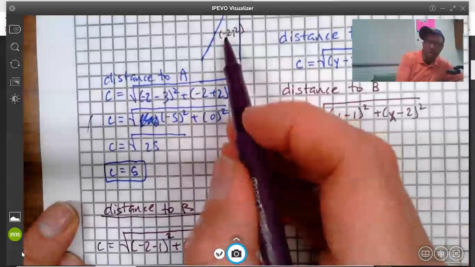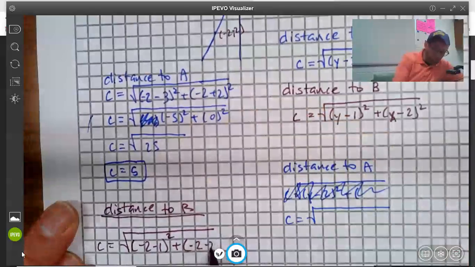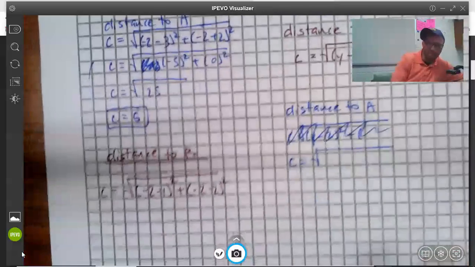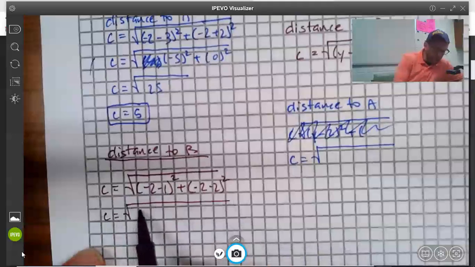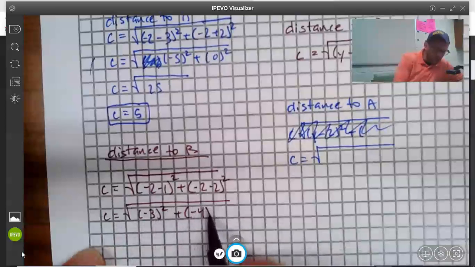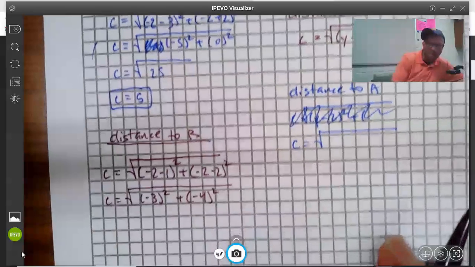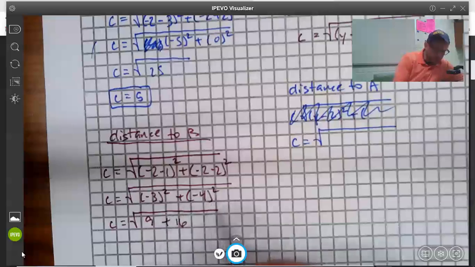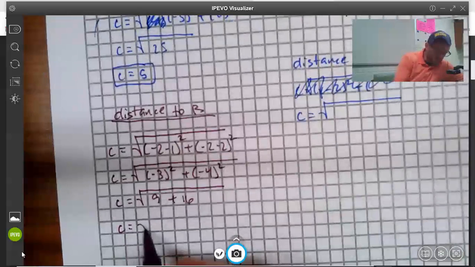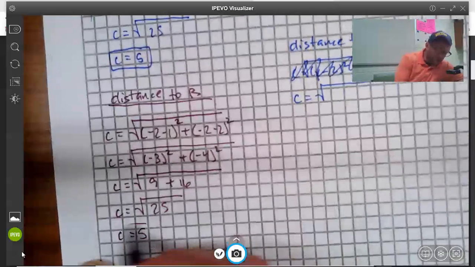So that's our x coordinate, also -2, minus 2 squared. So, our big square root bracket. -2 minus 1 is -3. -2 minus 2 is -4 squared. -3 squared is 9. Plus -4 squared, that's 16. So 9 and 16 is 25, and the square root of 25 is 5.